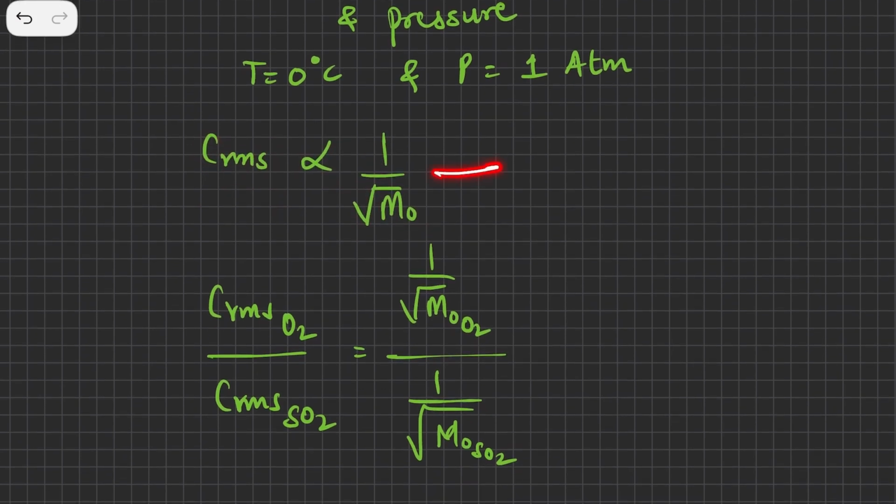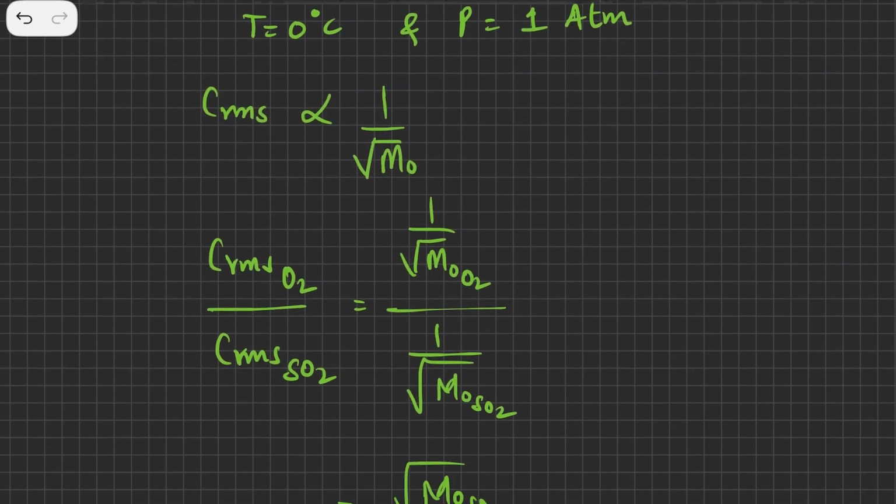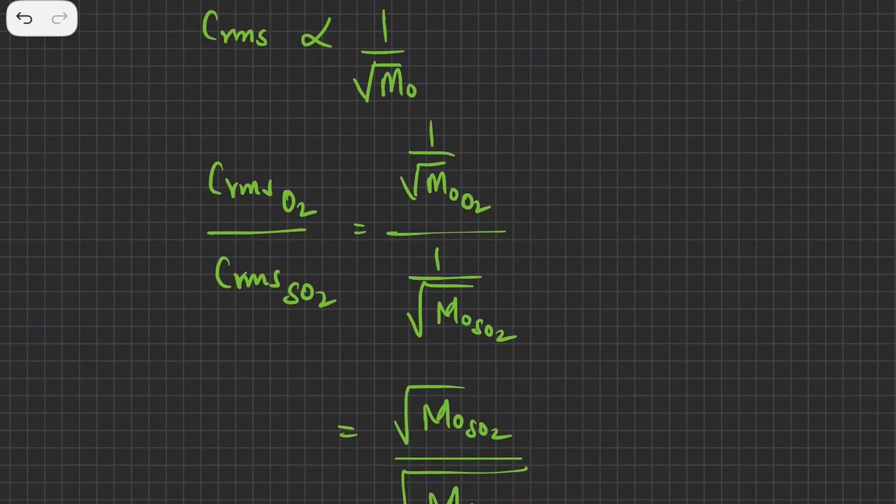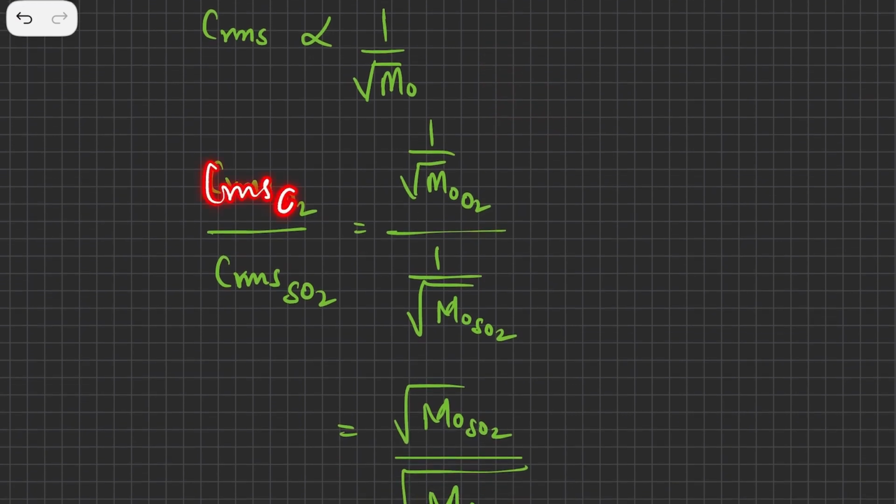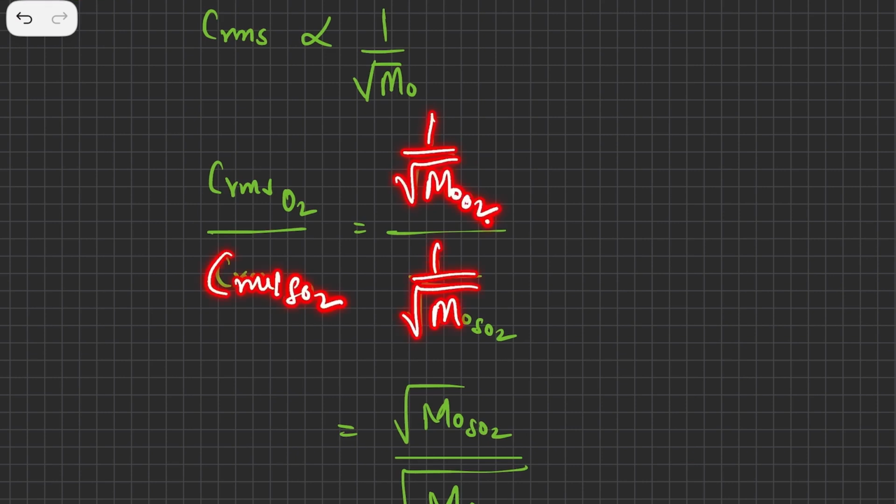With this equation I am going to create two equations, one for oxygen and the other for sulfur dioxide, SO2. So CRMS of O2, that is for oxygen, is equal to 1 upon square root of M0 of O2, that is the molar mass of oxygen, and CRMS of SO2 will be 1 upon square root of M0 of SO2, that is the molar mass of sulfur dioxide.